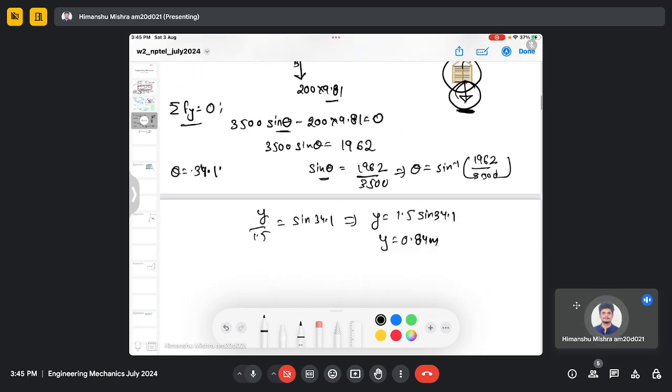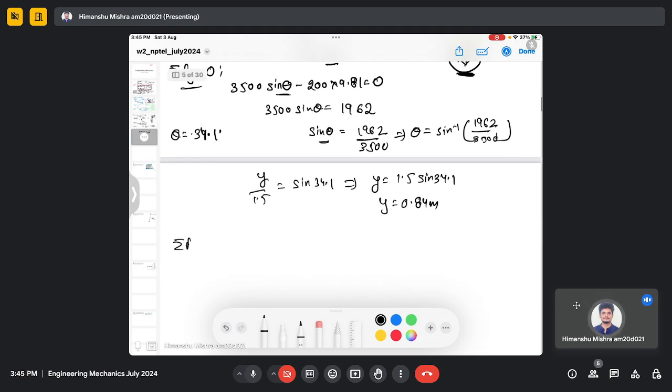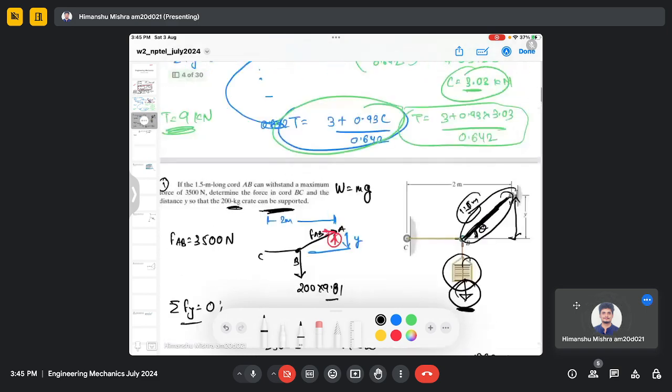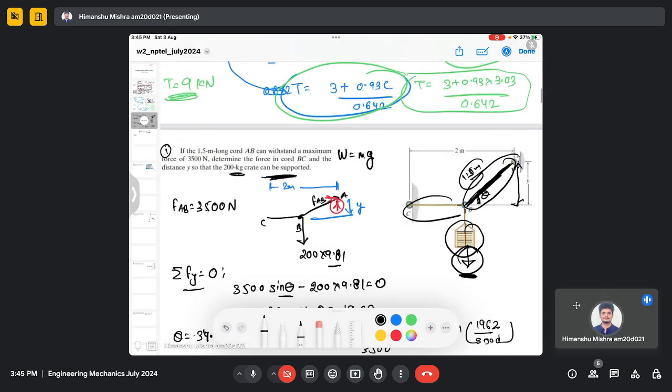Now if we do the force balance in Fx, which should be equal to 0 as per equilibrium, we have the force in BC and the horizontal component of this force, FAB cos theta.